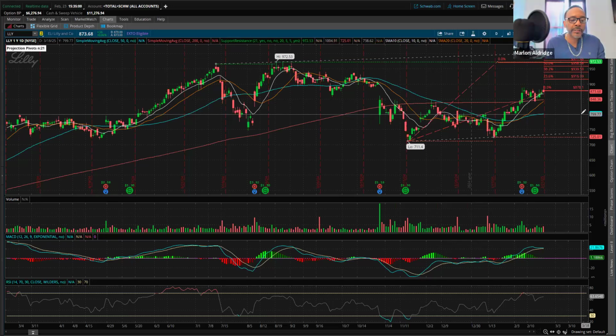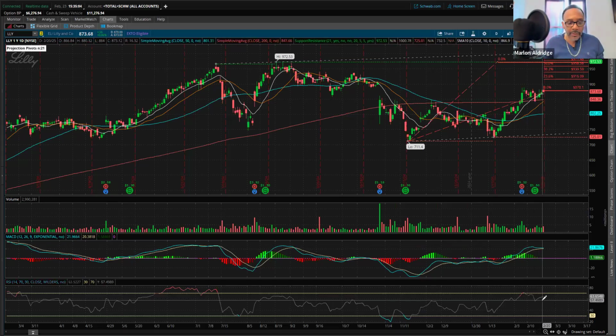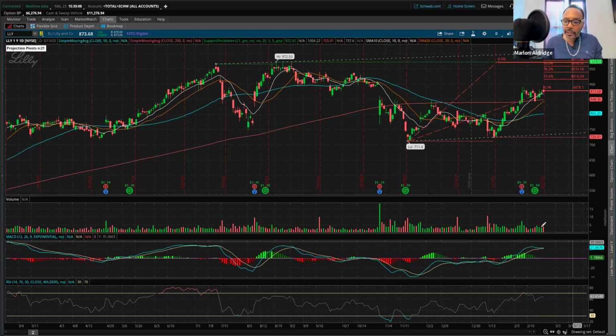Now, am I going to do that in isolation? Of course not. I'm going to be looking at my MACD. I'm going to be looking at my relative strength index. I'm going to be looking at my price, my volume. What is my volume looking like?